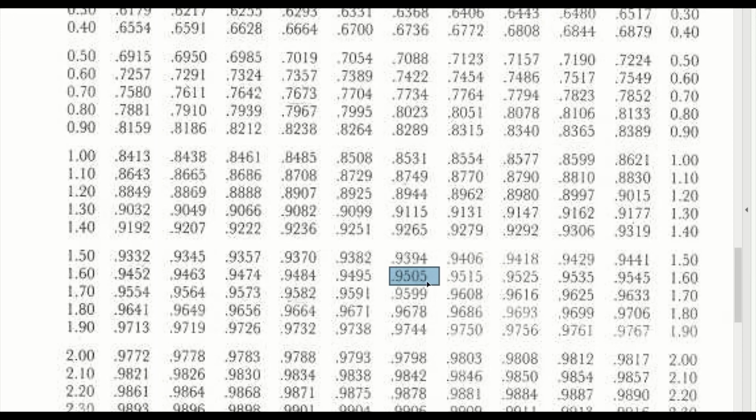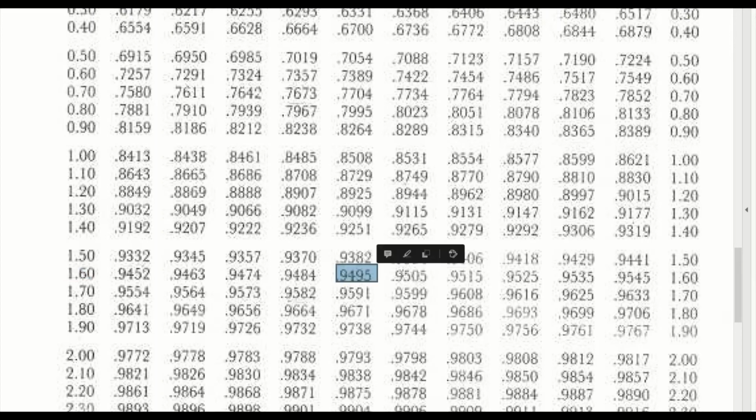However, let's back down a little bit to see if we get a better estimate. If I back down a little bit, I will find 9495. Both of them are the closest value to 95 exactly, so either would work. Okay, so both of them start with 1.6. This is 60, 61, 62, 63.